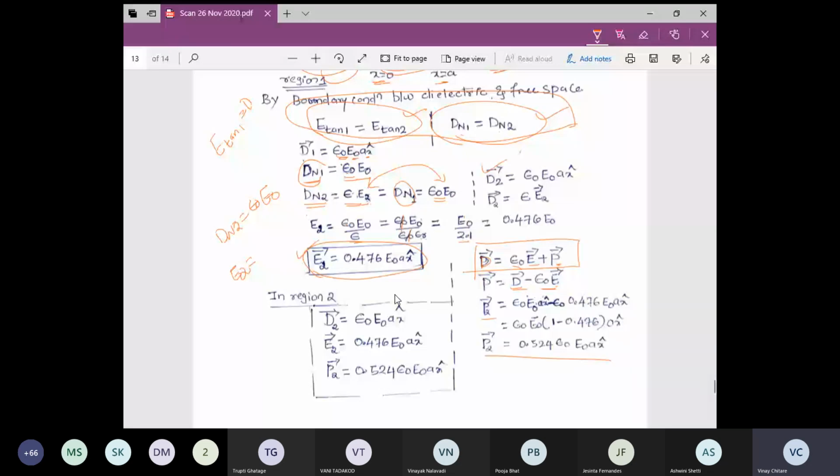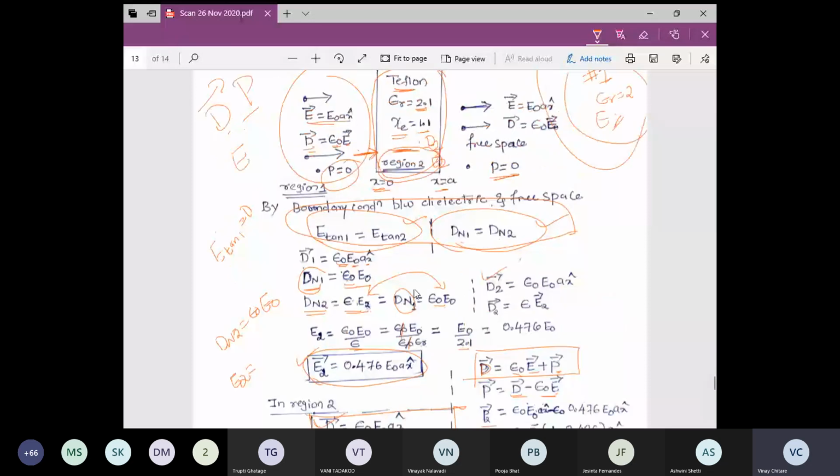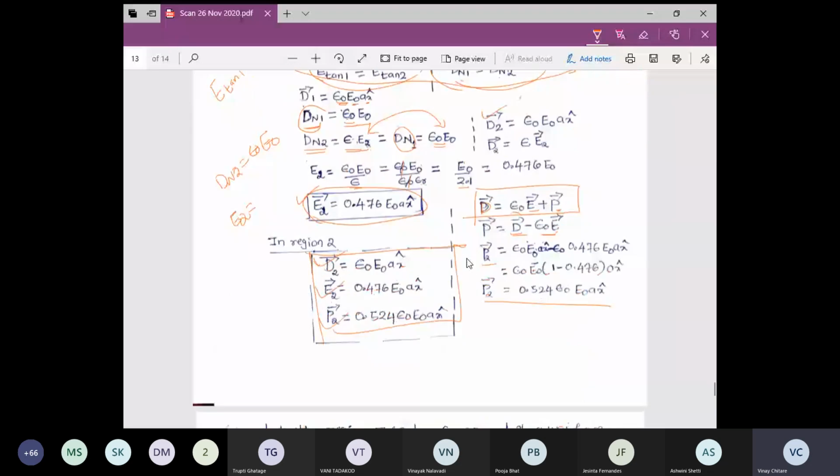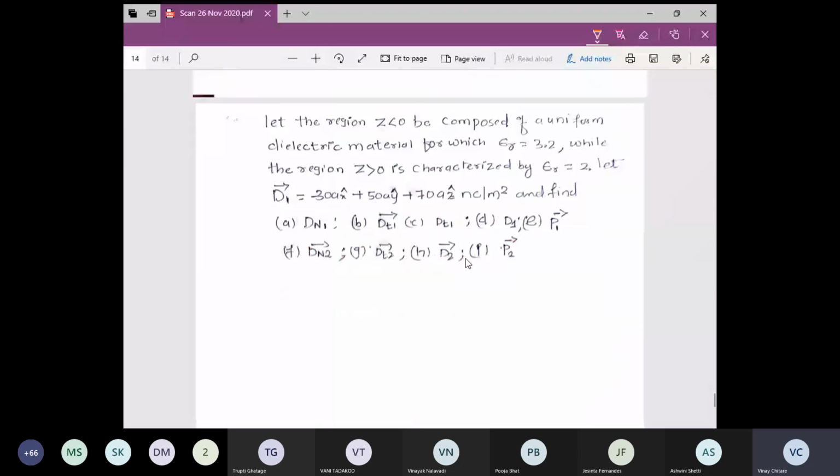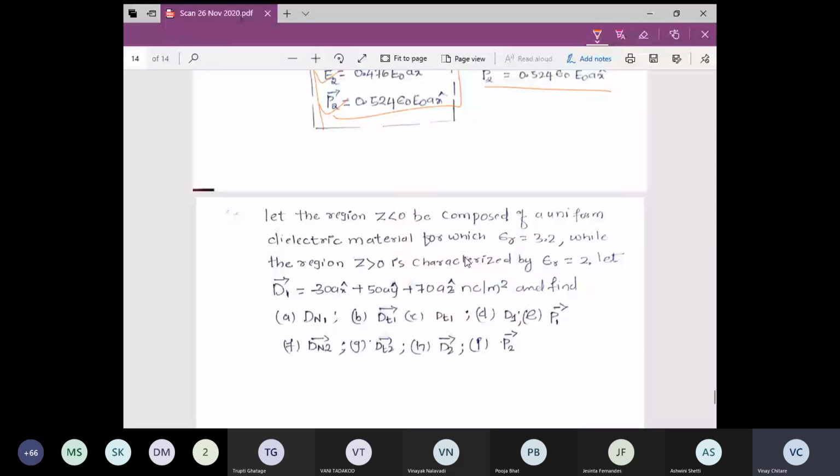So in region 2 inside the Teflon, I can find my D2 is this much, my E2 is this much, and my P2 is this much. This is actually quite simple. You should remember the boundary conditions, and from there you can solve it. This is really a practice problem. With the above discussion you can solve it.